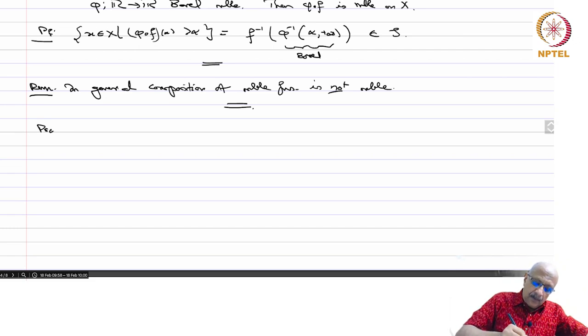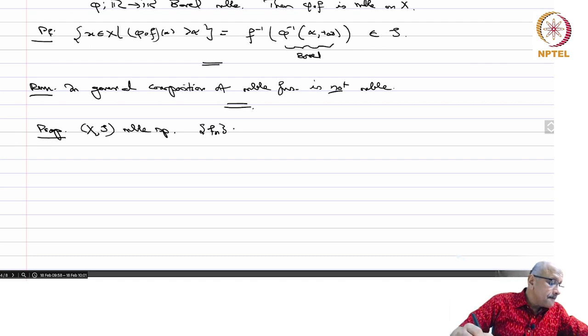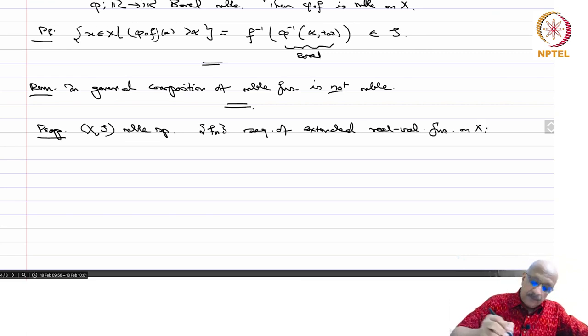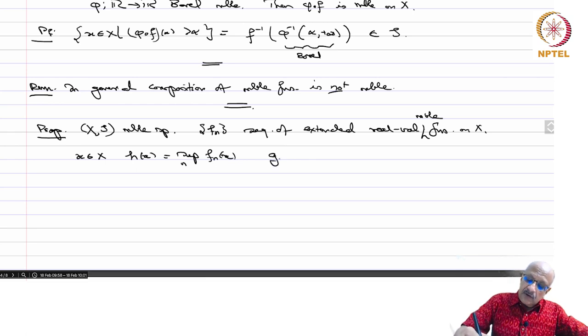The proposition: X, S is a measurable space, fn a sequence of extended real valued measurable functions on X. So you take, for x in X, you define h of x equals sup over n of fn of x, g of x equals inf over n of fn of x.